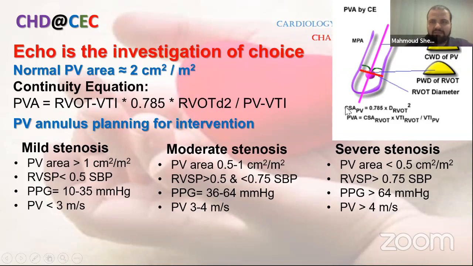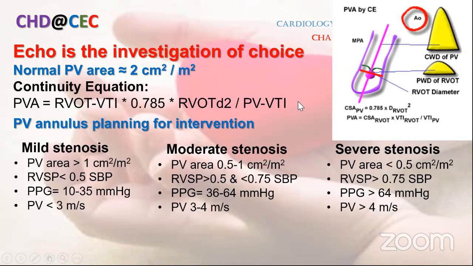It has many equations to get this conclusion, but I mean this to be easy. And even in most machines, the echo protocol will calculate this area directly if you get these dimensions and go to pulmonary valve area. So you fill in just the RVOT VTI, RVOT diameter, and the pulmonary valve VTI, and it will calculate it automatically.